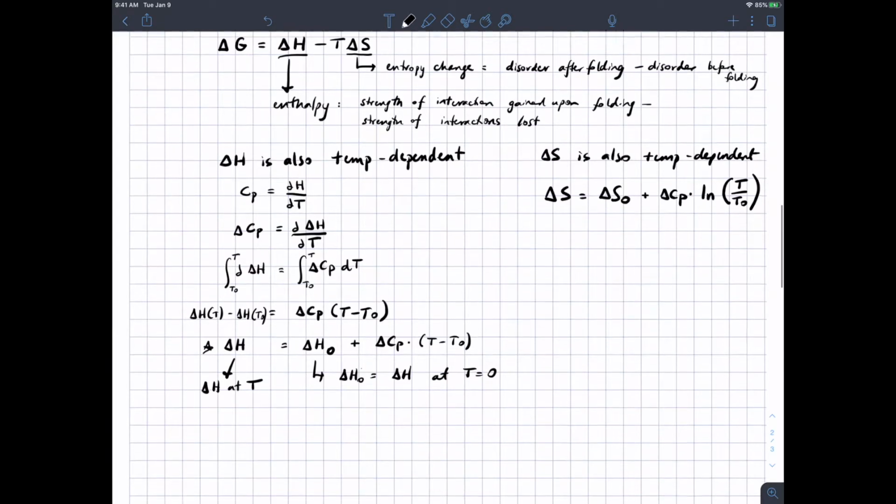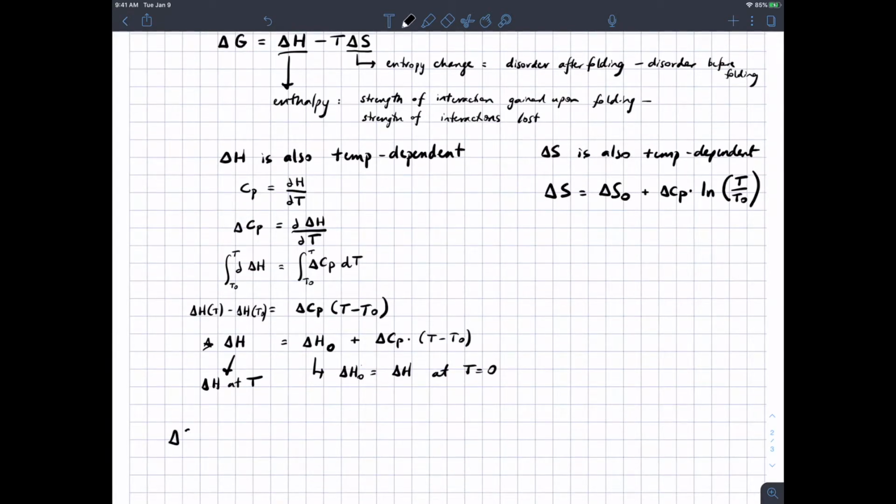Okay, so now we'll put it all together. Delta G equals delta H0 plus delta Cp times T minus T0, minus temperature times the expression for entropy, delta S0 plus delta Cp times the natural log of temperature divided by reference temperature.